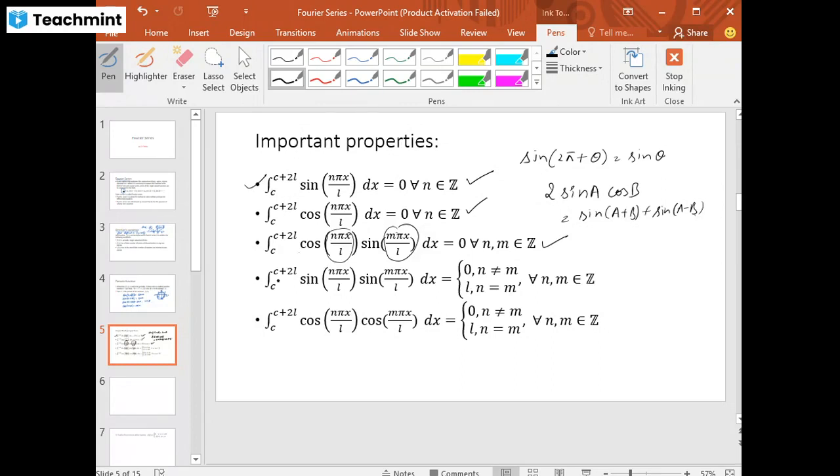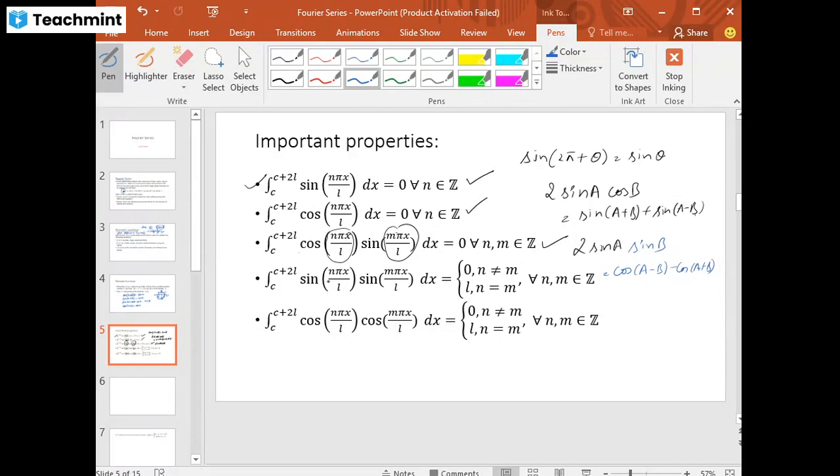But in case of property number 4 and 5, there are two possibilities. Either its integral is 0 or its value is L. The reason is that in case of 2 sine A sine B, we can use again the trigonometric identity, which is cos of A minus B minus cos of A plus B, right?